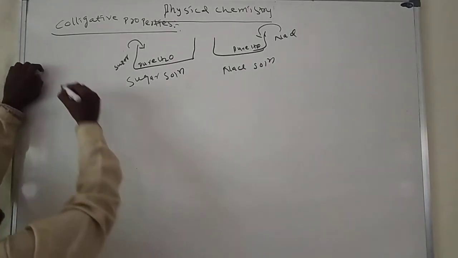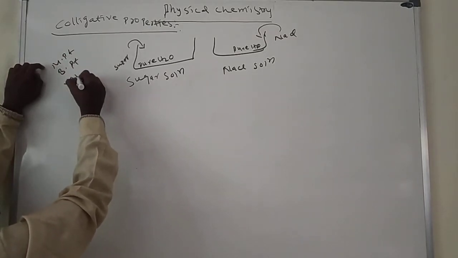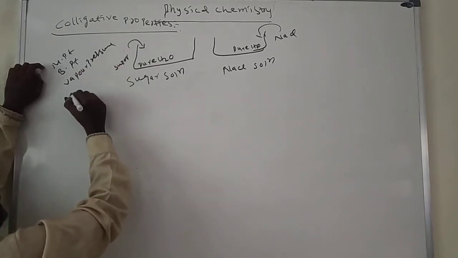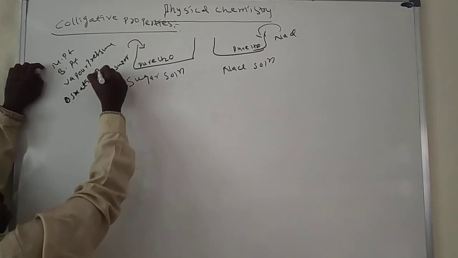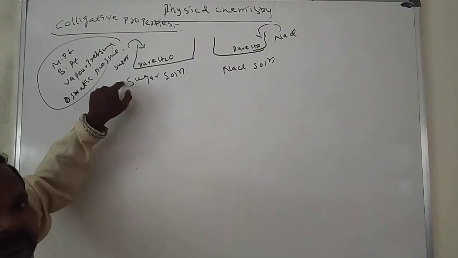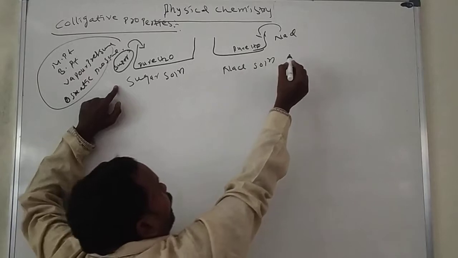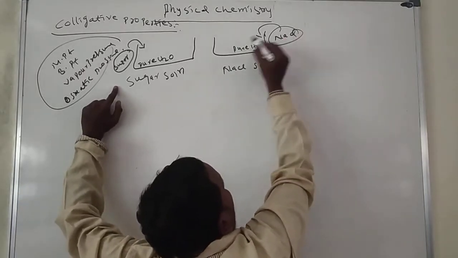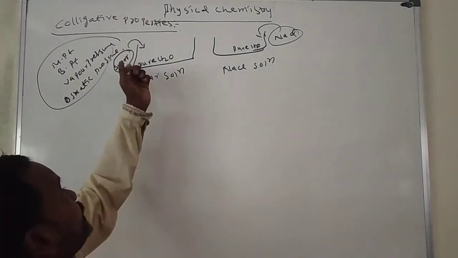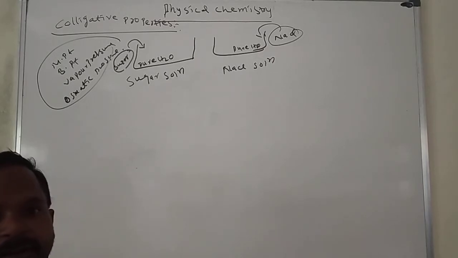Properties like melting point, boiling point, vapor pressure, osmotic pressure depend on the amount of sugar or sodium chloride, but not on the water or the chemical nature of sugar or sodium chloride.